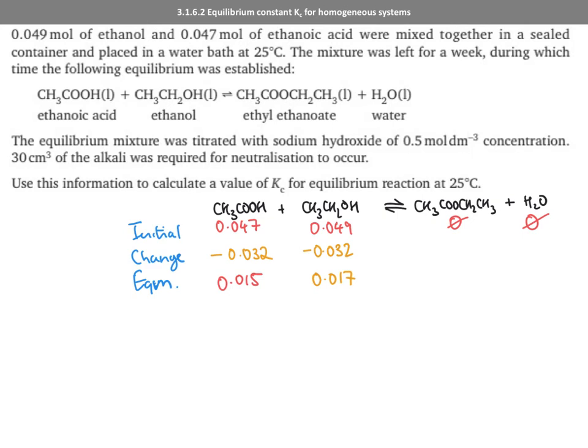If the reactants are both decreased by 0.032, then the products must have increased by that amount. We can say it's the same amount because it's a 1-to-1 ratio across the whole reaction. That gives us the final equilibrium moles for all of the substances in this reaction equation. So now we're ready to do the next bit, which is to take these numbers and use them with the equilibrium expression for this reaction.